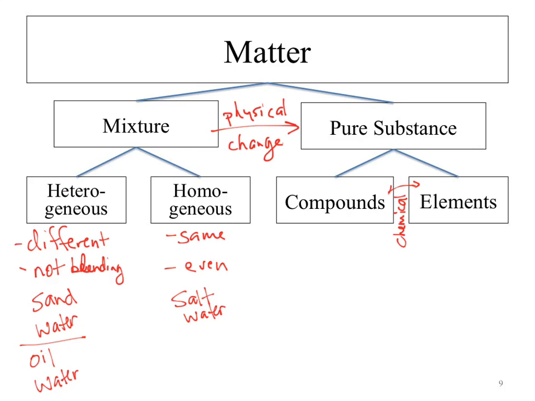Elements, at least initially, were thought to be the smallest particle. They were the flour, they were the salt, in our pie. We then could combine those together to build a larger structure, our pie, or our compounds. So these are made up of our elements. As long as we have that permanent bond between those two elements, we now have that compound. If we take multiple of those compounds and put them near each other, now we have a whole bunch of that type of compound.